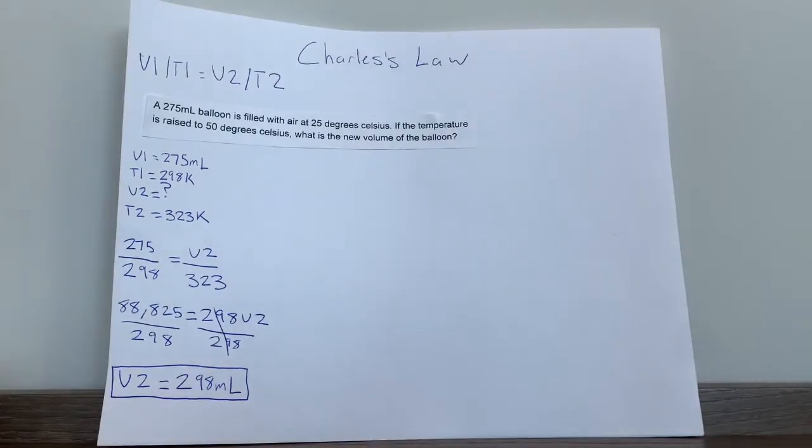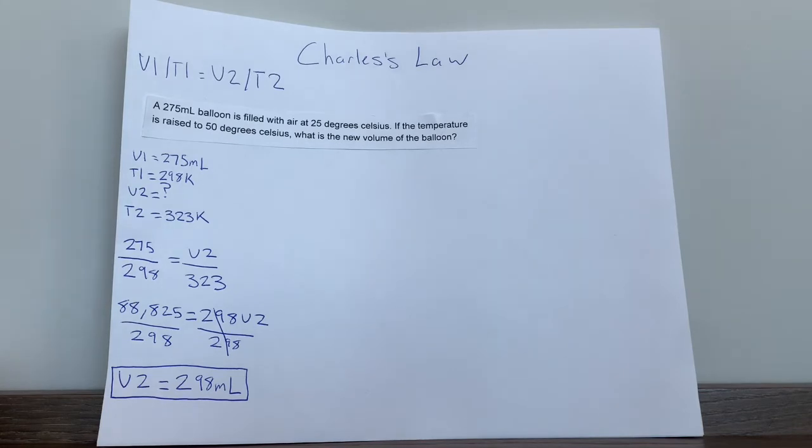Okay, so now that we have all of our numbers in place, we can plug them into the equation. First, we have 275, or V1, divided by 298, or T1, and that is equal to V2 over 323, or T2. Now we can cross multiply by doing 323 times 275, which is equal to 88,825, and 298 times V2.